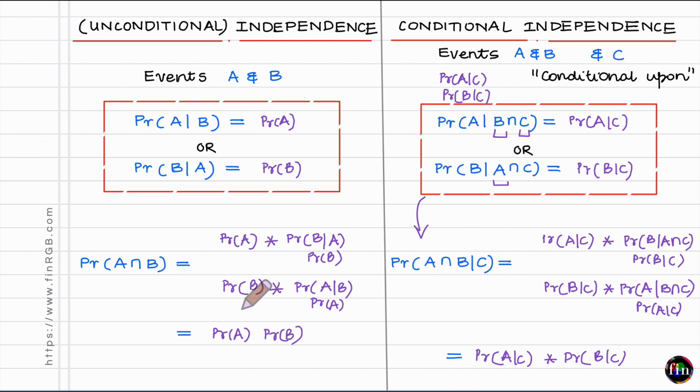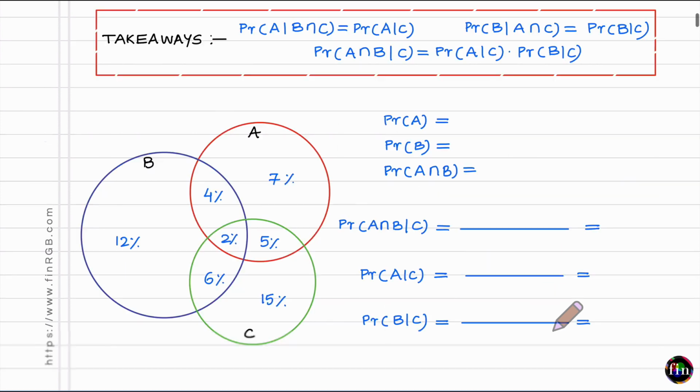This is essentially the same as what we had here. It is just that I have replaced unconditional probability with conditional probability given event C. So my takeaways are these. A and B are conditionally independent given event C if all these three hold.